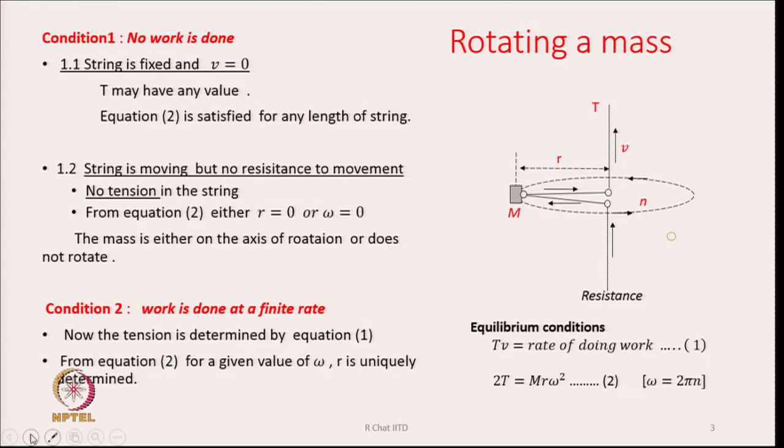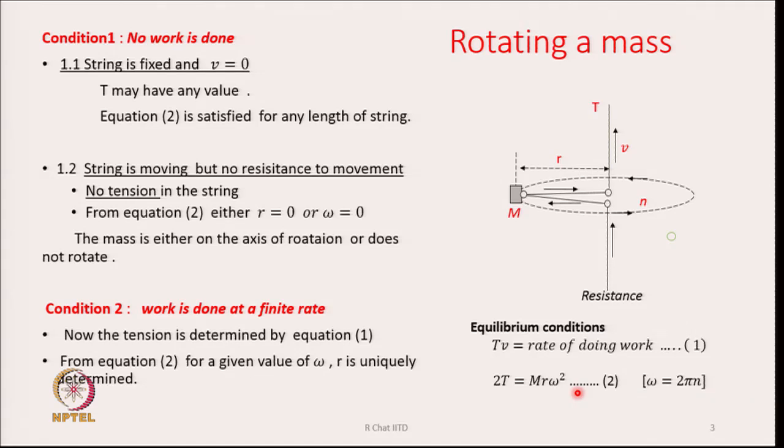And from equation 2, we can find out for a given value of omega what is going to be the value of r. That is, if I am doing work at a certain rate, then there will be some value of T, that is some tension in the string, and 2 T will be equal to m r omega square.